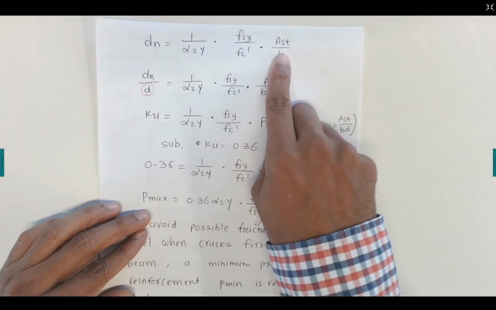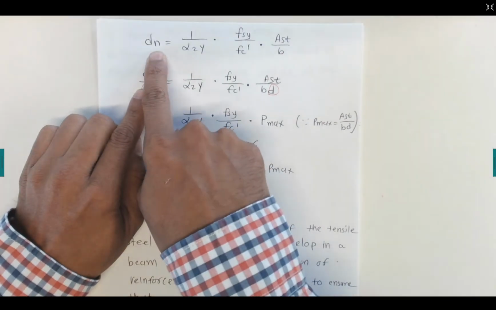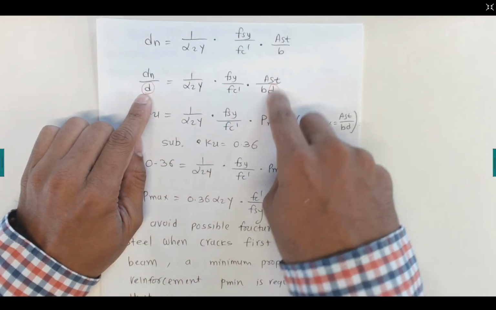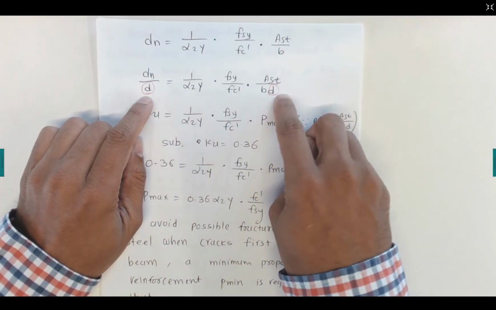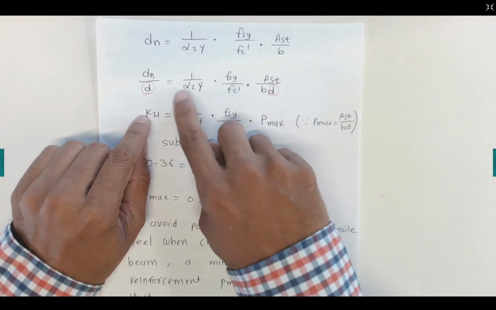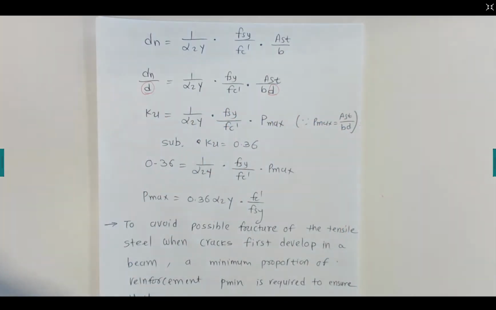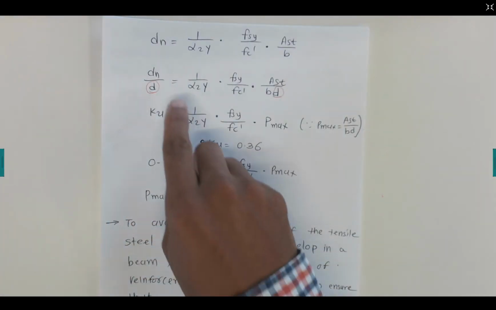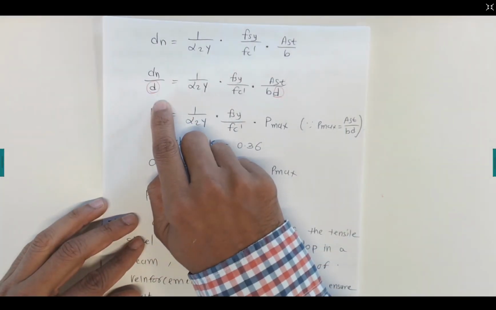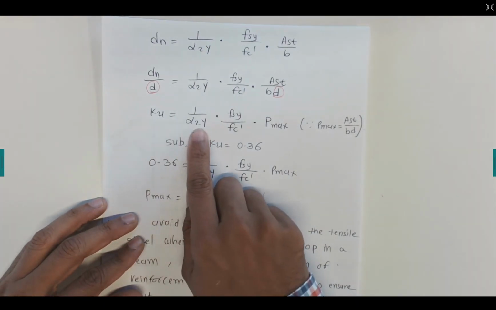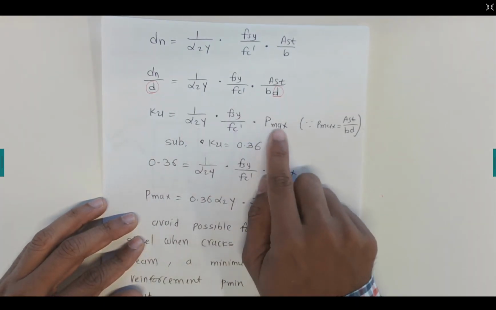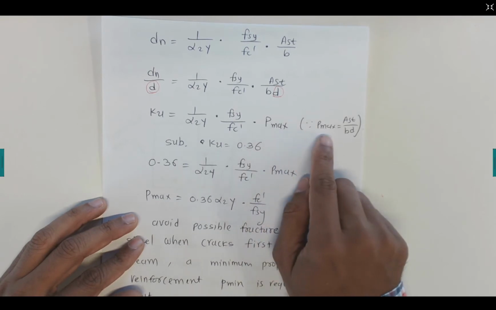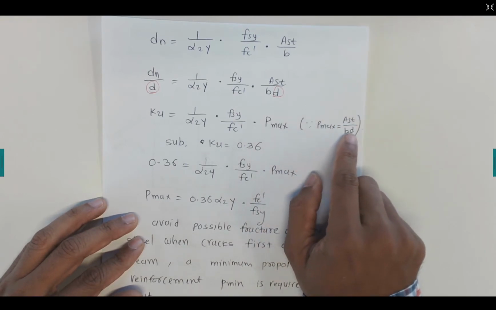We divide dn on the left side by d, and divide by d on the right side as well. So dn over d is ku, the ratio of the depth of the neutral axis to d, which is 1 over alpha 2 f'c times fsy times the reinforcement ratio, Ast over b d.